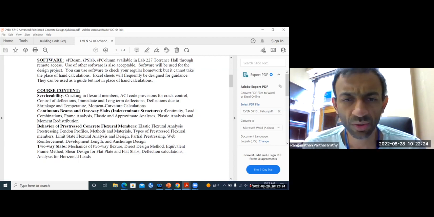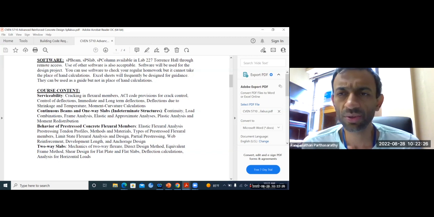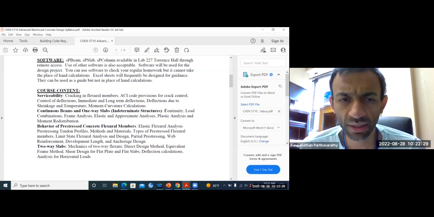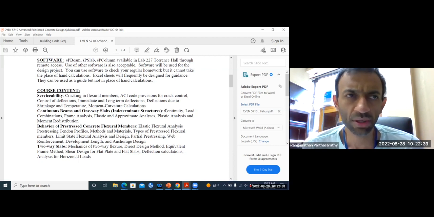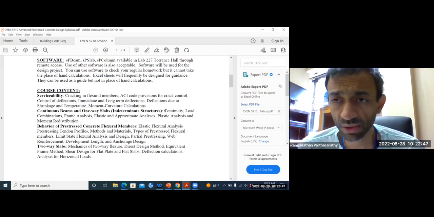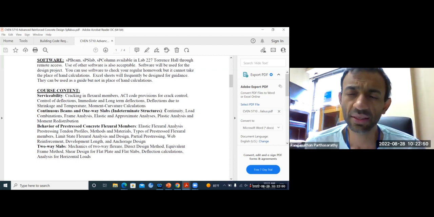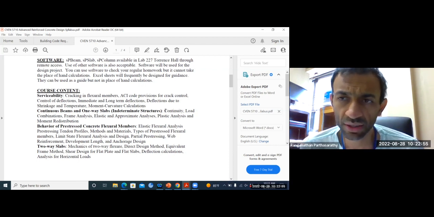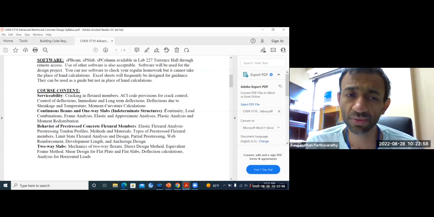Then we will go over two-way slabs. As you might remember, in ACI 318-2019 the direct design method is no longer there. But like I said, it is an older method and we can still use it. The ACI 318 code says that neither the direct design method nor the equivalent frame method is specifically outlined in the code, but the designer is free to use a textbook to use either of these methods.